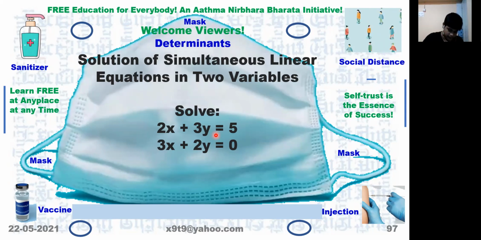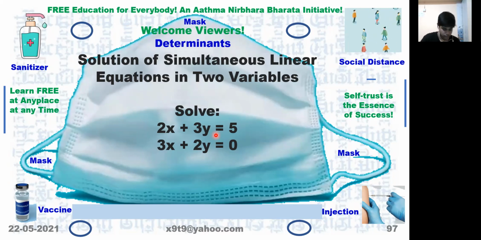Delta x is 10, delta is minus 5. So minus 2. So 10 divided by minus 5, that is what value?